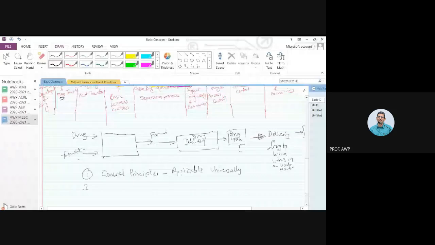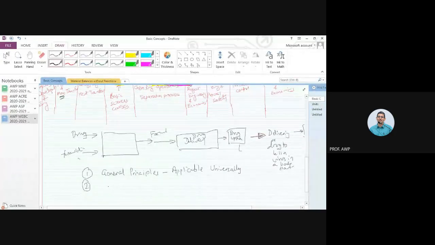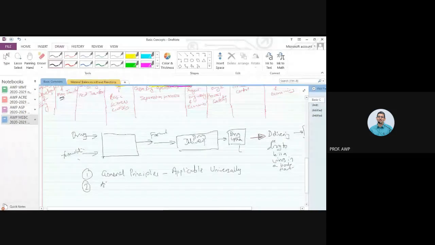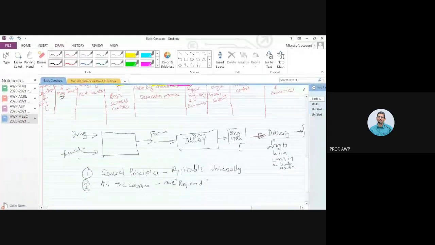Second thing that I want to emphasize is all the courses that you are going to study are required. It is not that we studied physics last semester, we studied math last semester, and now that the result is out, we can afford to forget what we learned in the last semester.